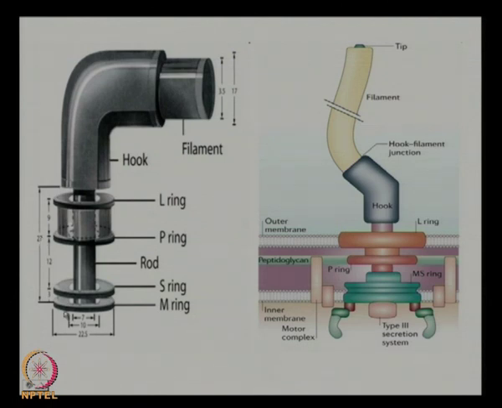The filament inserted in this O ring has ID 7 nanometer and OD of the filament is 10 nanometer, and the OD of this O ring attached with the cell wall and cell membrane of this bacteria is 22.5 nanometer in structure.